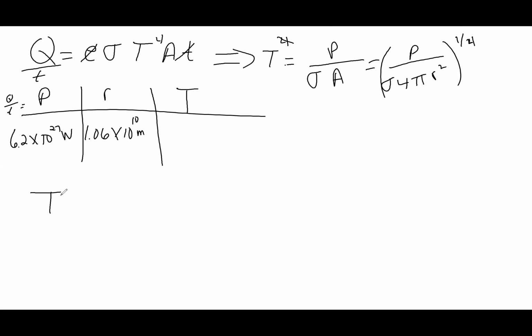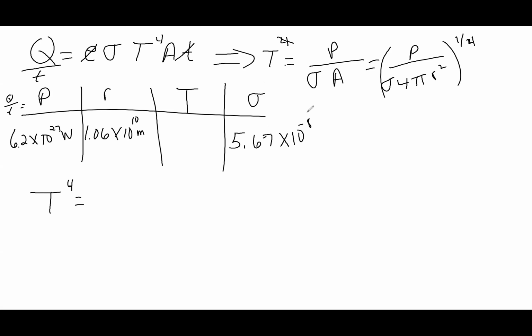Okay, so now let's plug in what we have. So my temperature to the fourth power, let's solve it first. I want to show you a little trick right here. What is my sigma? Remember that number? We said it's 5.67 times 10 to the minus 8.